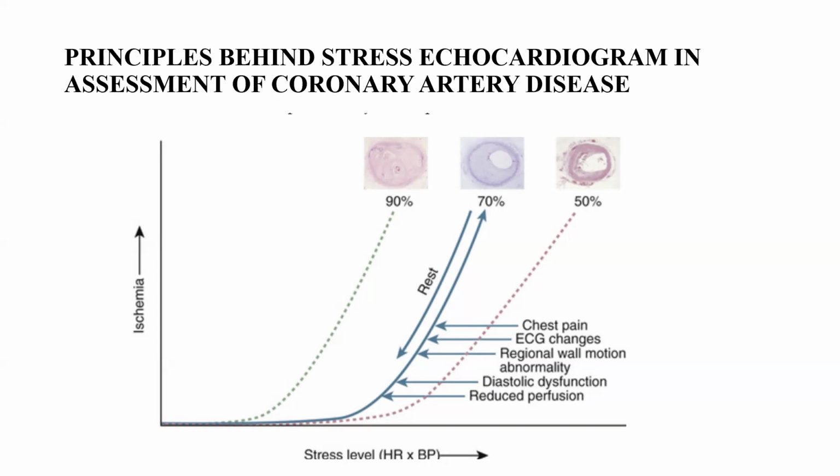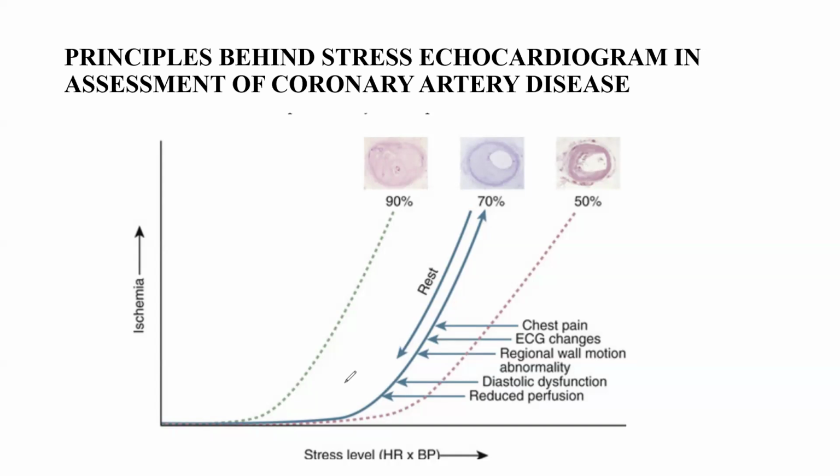As you stress every individual, the workload on the heart increases, and there's increased oxygen demand. The point is, at what point will you have relative ischemia, with evidence of decreased perfusion?